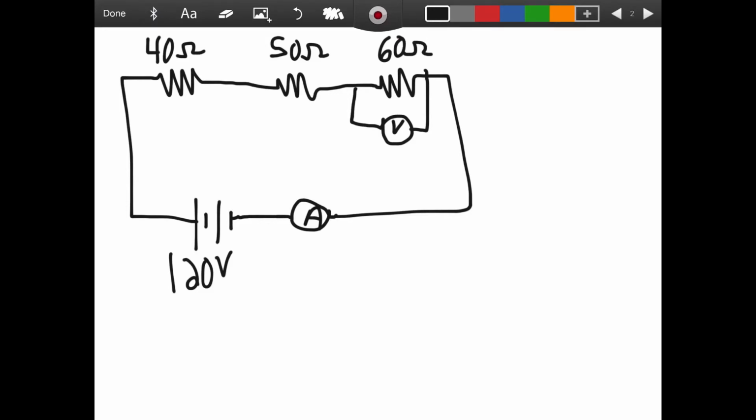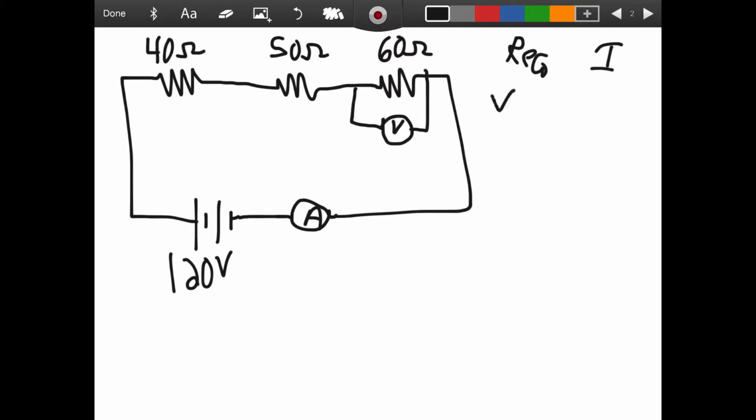Now, in order to analyze this completely, I want to find the REQ. I want to find the current and the voltage across each resistor. And then later on, I'm probably going to find electrical power and electrical energy through one of the resistors.